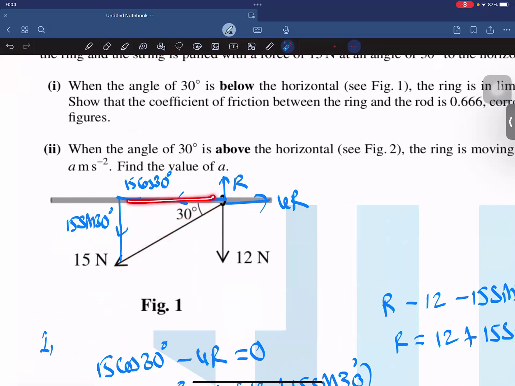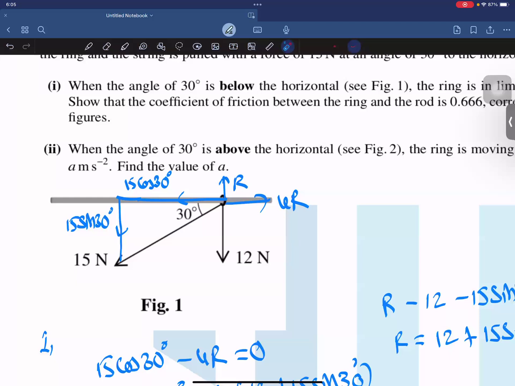So 15 cos 30 will be towards left, since this is adjacent to the angle 30, and 15 sine 30 will be acting downwards because this is opposite to the angle 30. Here we have the weight, and opposite to this weight is the normal contact force, which acts according to Newton's third law of motion, as you have studied in the basic concepts.